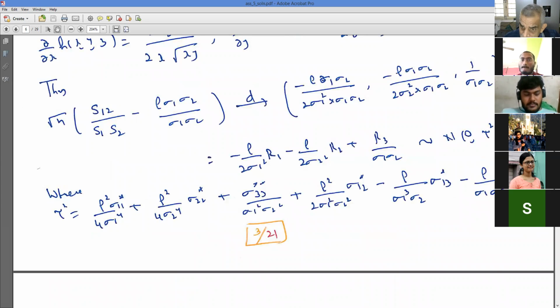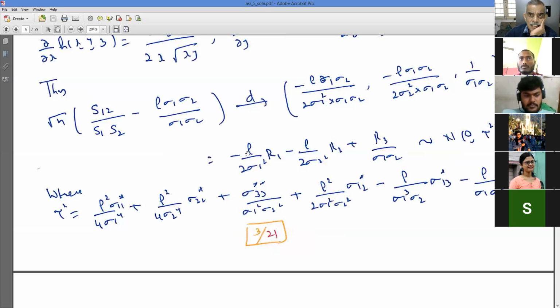R1, R2, R3 is a multivariate normal, so all its linear combinations are univariate normal. Is that okay? That is the definition of a multivariate normal distribution: a random vector has a multivariate normal distribution if and only if all its linear combinations have a univariate normal distribution.